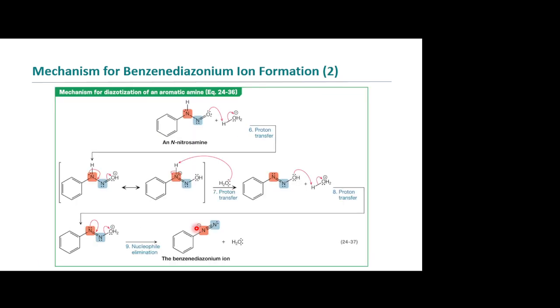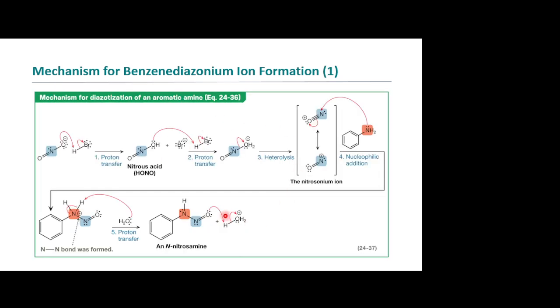Okay, so the next part is going to be the diazonation of the aromatic amine here. So last time we left off here where we had just had the H plus of this acid attacking the oxygen here and giving us about water, right?